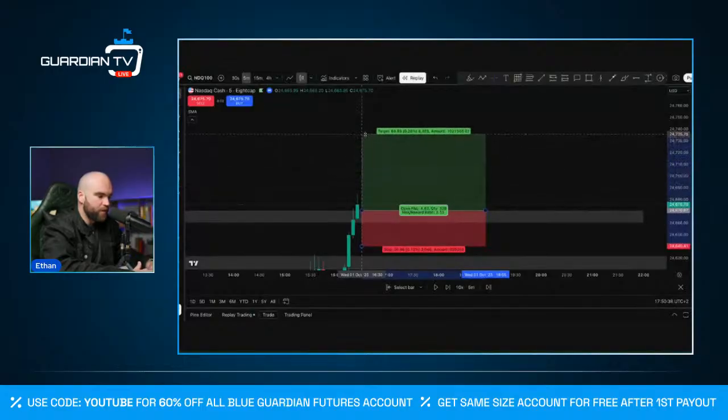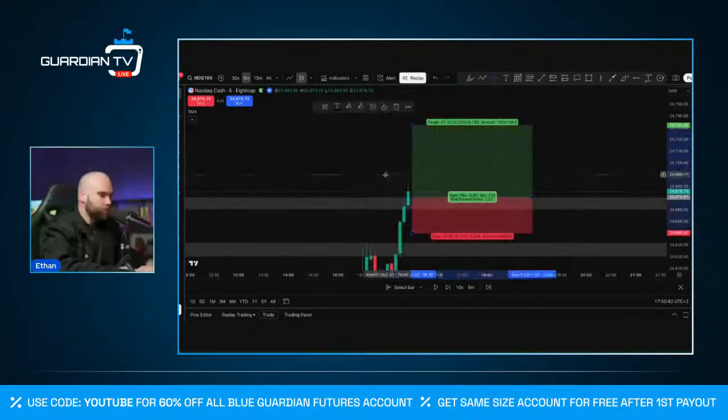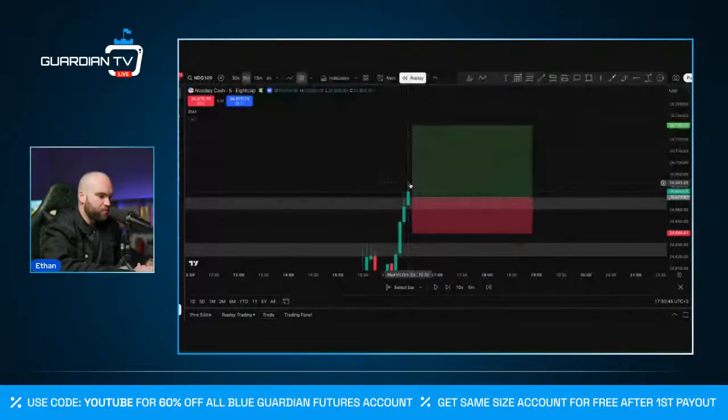So it's up to you which you choose. If you choose to go with a 1-to-2 risk reward, you would then wait for price to come back, retest the zone, which it does. It tags us in here, and then we push to our target, right?